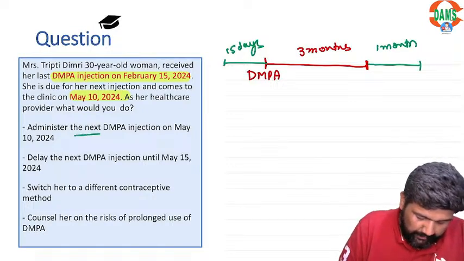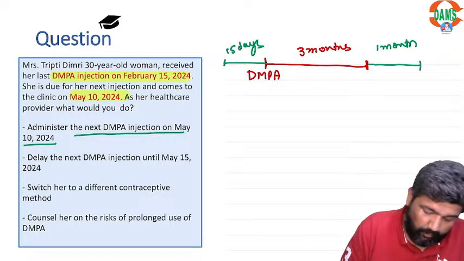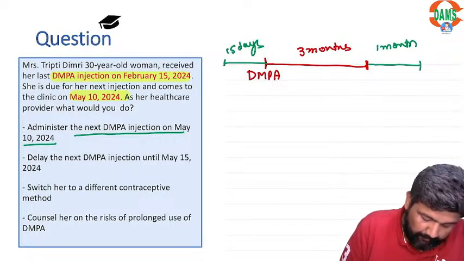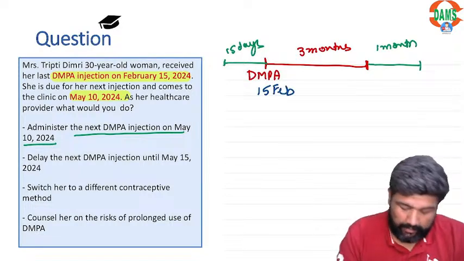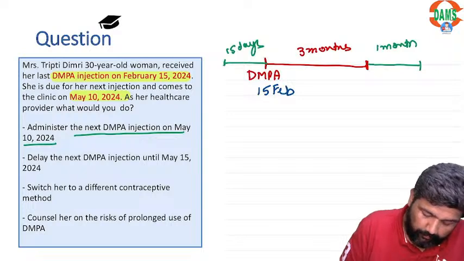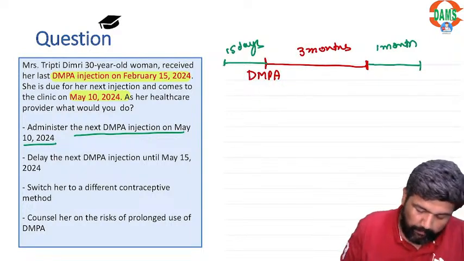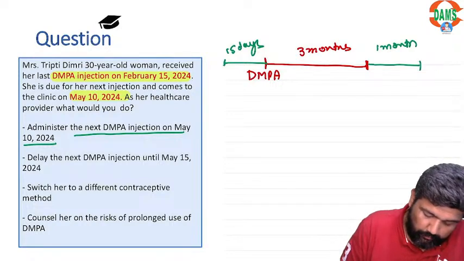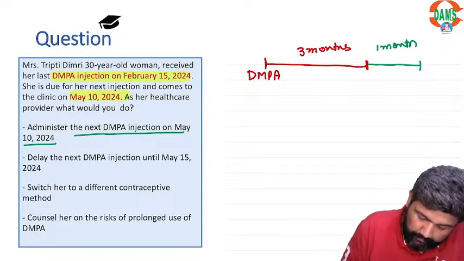So administer the next DMPA on 10th May. Right? Now in this example, the female came on 15th Feb. Now she is due. Okay, so the first dose was given. Okay, I think I have made the wrong example here. I'm sorry.